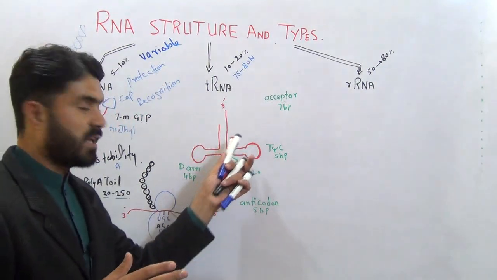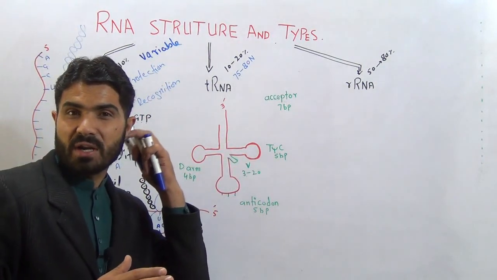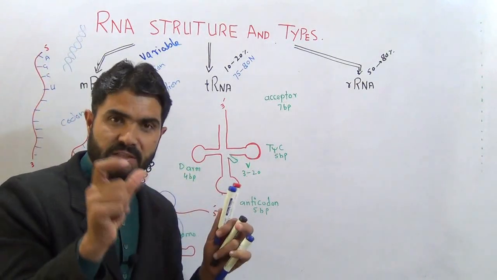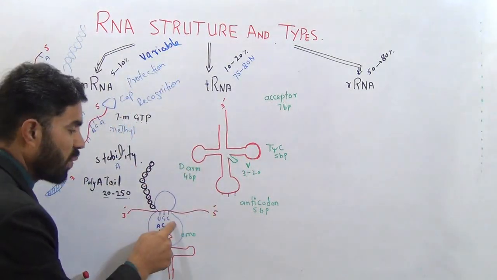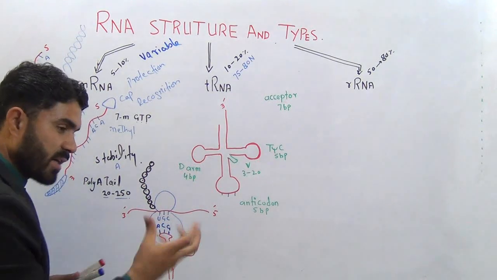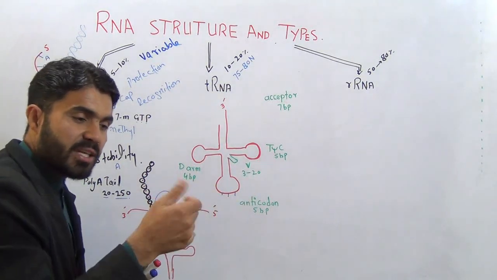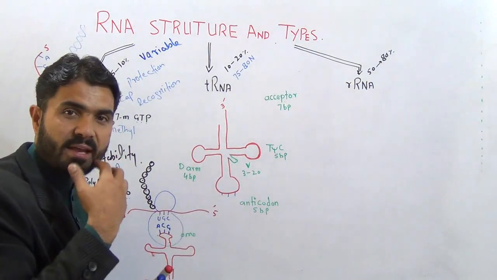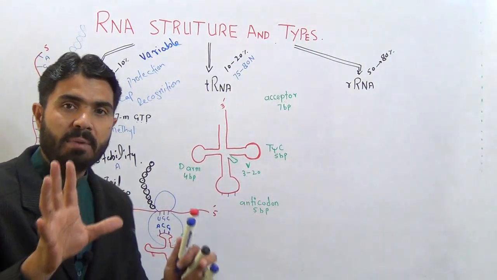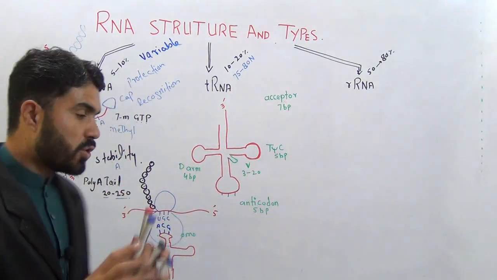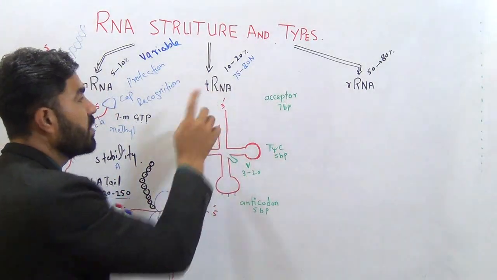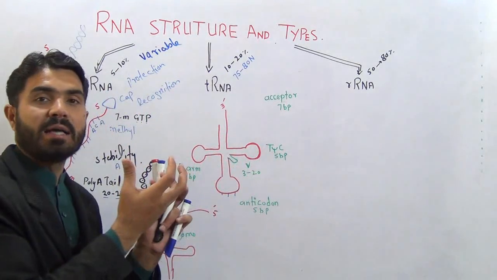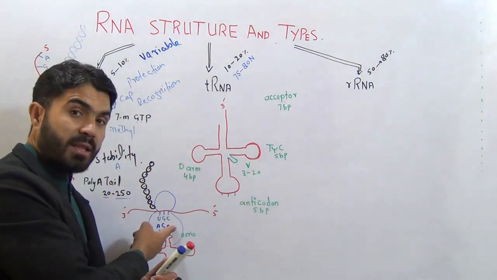Each transfer RNA will pick a specific amino acid and carry it towards the ribosome, because the ribosome is the machinery at which protein synthesis will start, and for protein synthesis amino acids are essential. So who will bring amino acids? Transfer RNA will bring amino acids towards the ribosome.